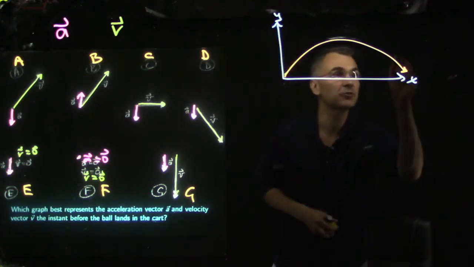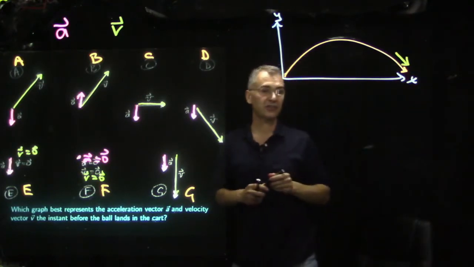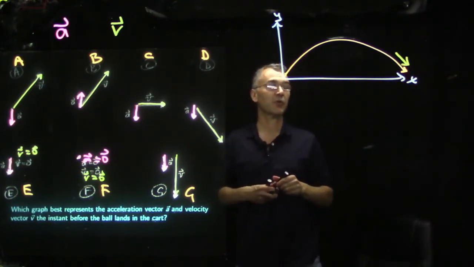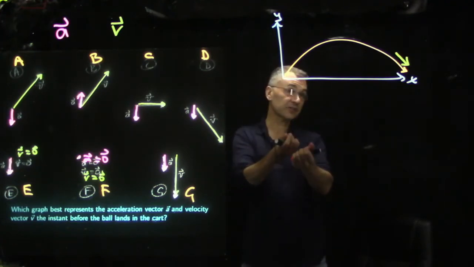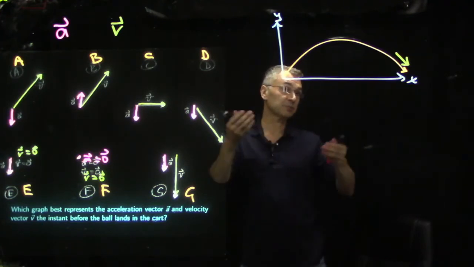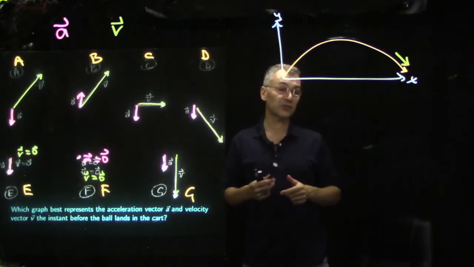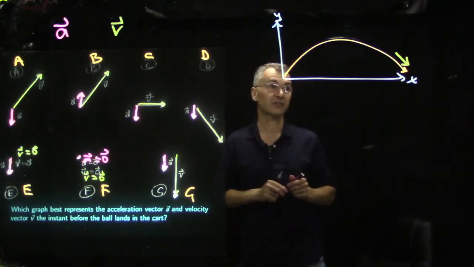Well, the instant before the ball lands back into the cart, its velocity vector is tangent to this line, so I think it points down and to the right. And then after it lands in the cart, the cart is acting on the ball, but before it lands in the cart, there's still only one force acting on the ball, and that's gravity.